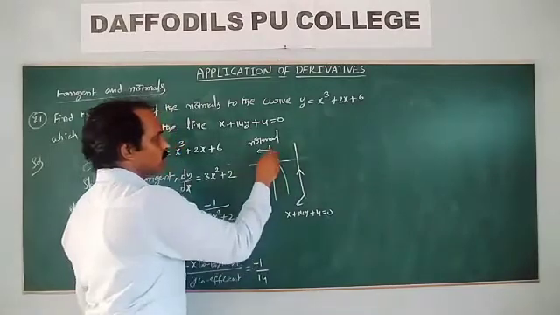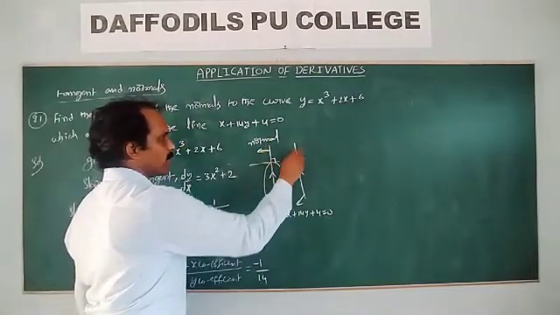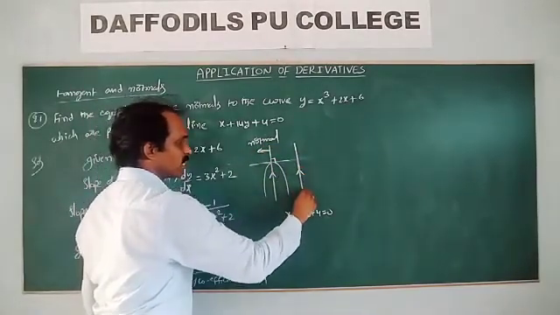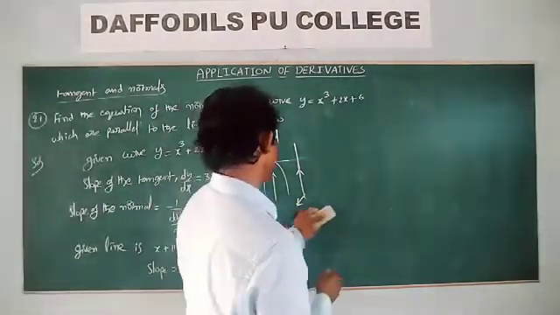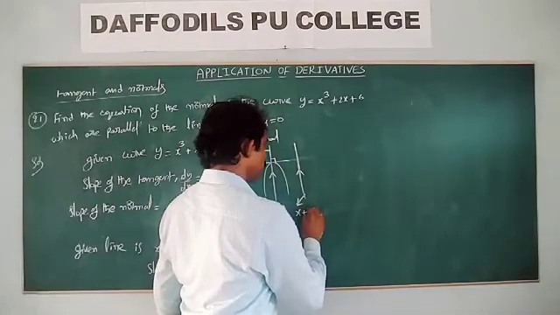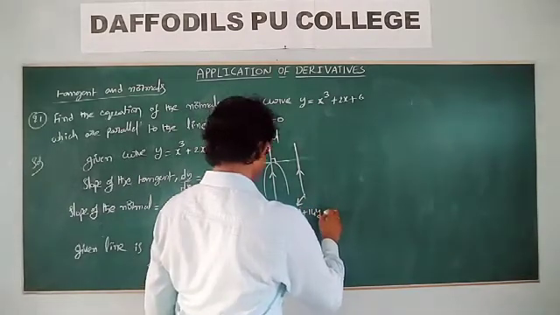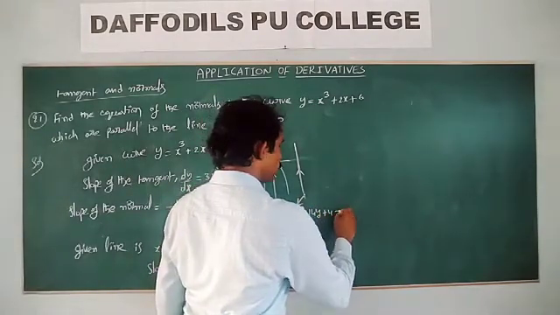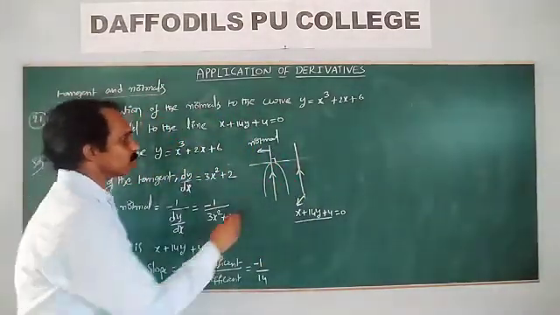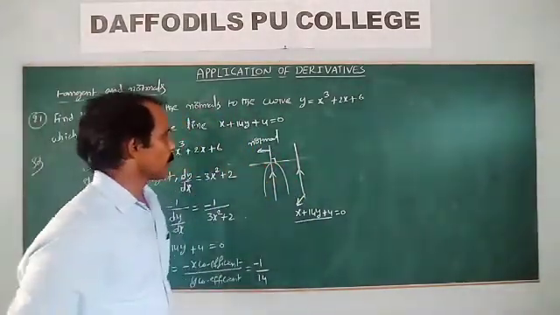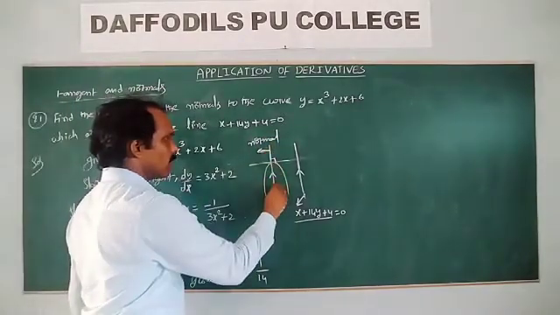This line equation is x plus 14y plus 4 is equal to 0. Just understand the curve this way.